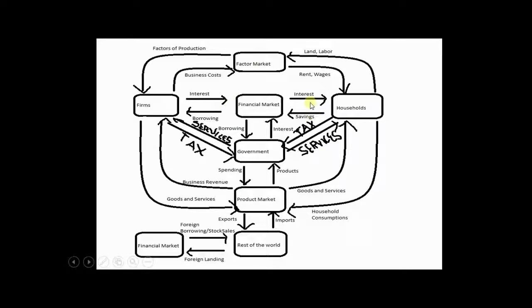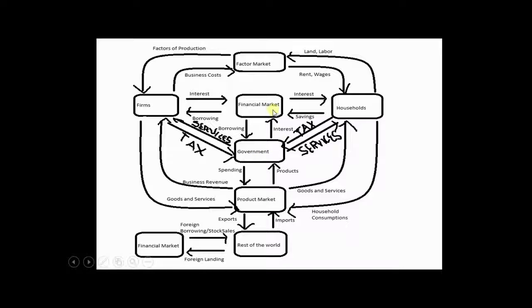Between the firms and the government, the firms pay tax in exchange for services. Between the financial market and the government, the financial market gives money to the government to borrow in exchange for interest.